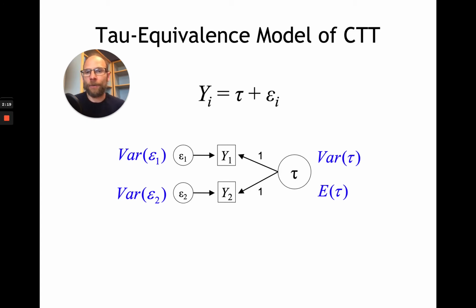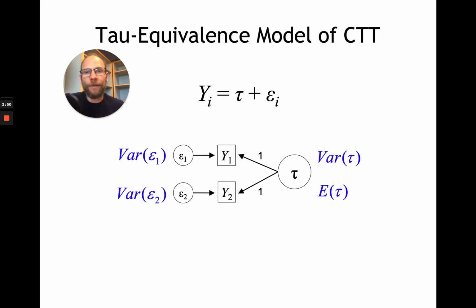Why is this useful? Why would you consider fitting this model to a set of tests that you have? For example, if you want to find out whether two tests measure the same construct, or in other words, whether two tests are unidimensional, then the tau equivalence model is one model of classical test theory that can be applied and that can be used to test whether the indicators or the tests fulfill this assumption of unidimensionality, whether they are tau equivalent.